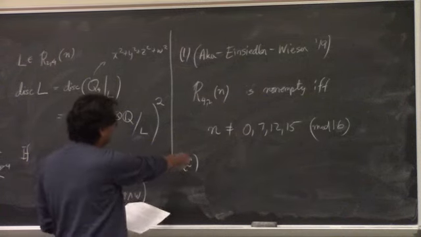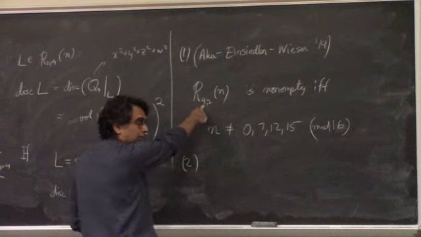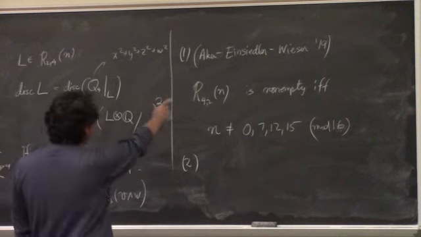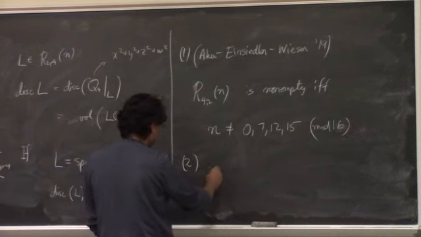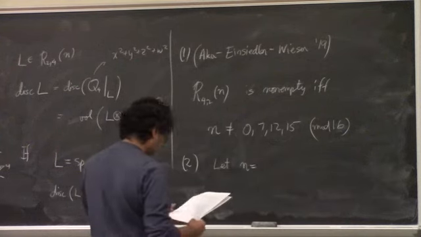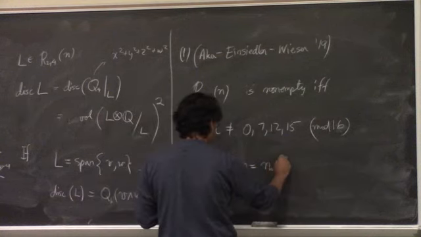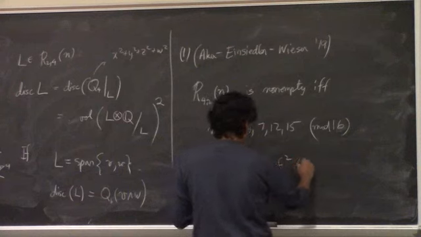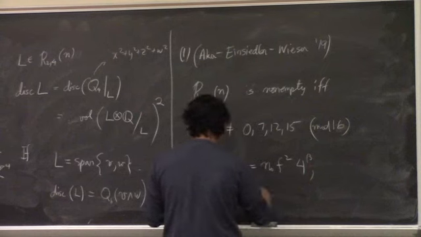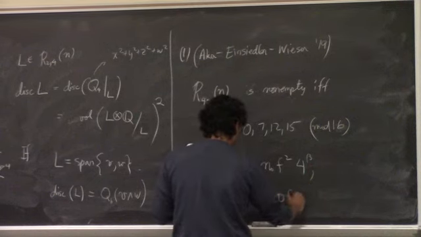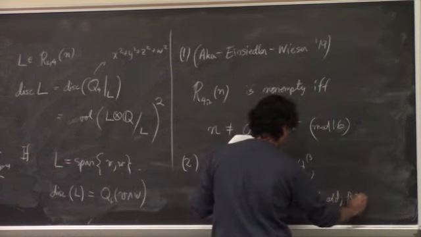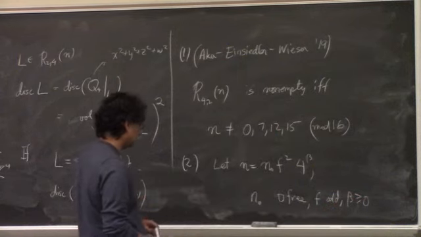Okay, and what I'm writing down now, you can count the order of this set. Analogous to Gauss's theorem that R3 of n is a class number. And they could have proven this too, but it's not in the paper. Let n equal n0 f squared 4 to the beta, where n0 is square free, f is odd, and beta is 0. Okay.